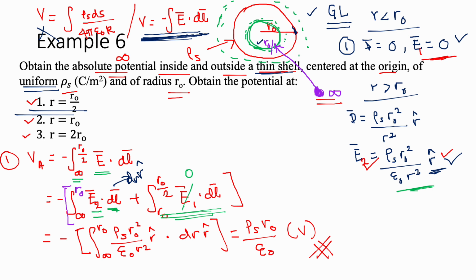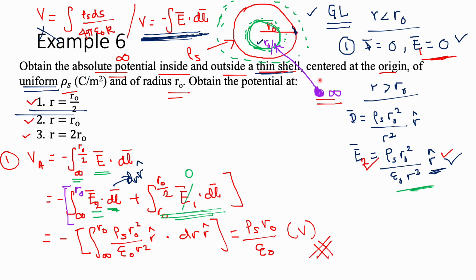The trickiest part, I think, for this question is how to decide the limit for this area. From infinity until r naught over 2, I think no problem. But then how to separate the E field? From infinity, it will arrive at the surface of this sphere, so the limit will be infinity until r naught.